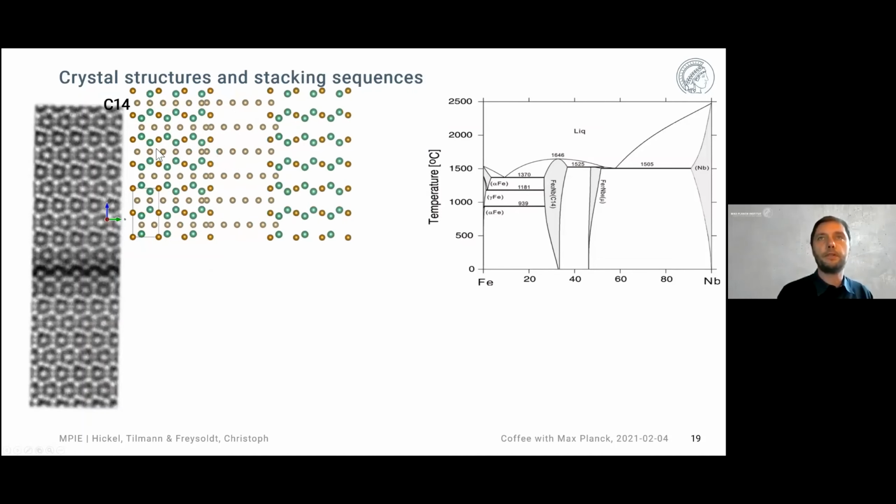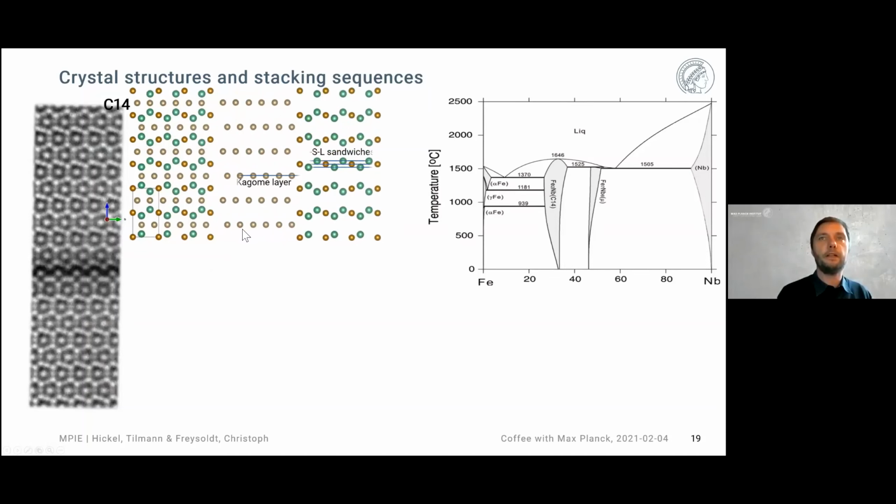If we decompose the structure a bit, then we have layers consisting only of iron atoms. These are the so-called Kagome layers. And then we have a triple layer, large, small, large, arrangement of atoms combining niobium and iron atoms. So that's the C14 phase.